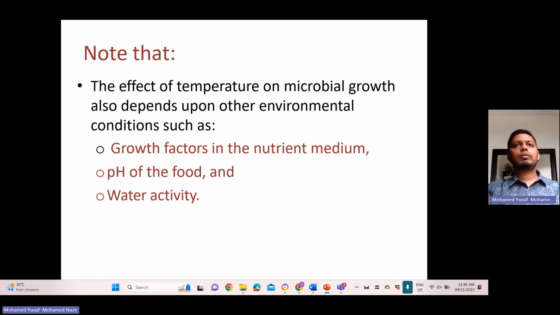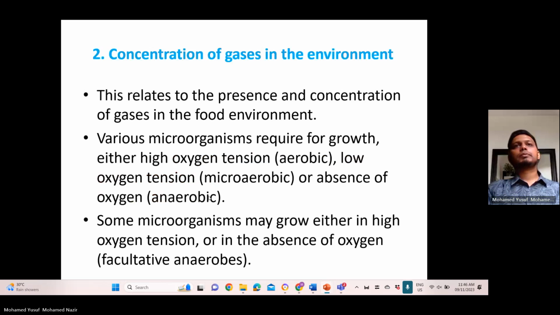Okay, note that the effect of temperature on microbial growth also depends upon the environmental condition. So obviously, the external factors also need to be taken into consideration, as well as the intrinsic factors. Then there is consideration of the gases in the environment, depending on the type of microbes.